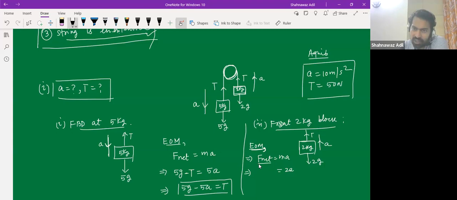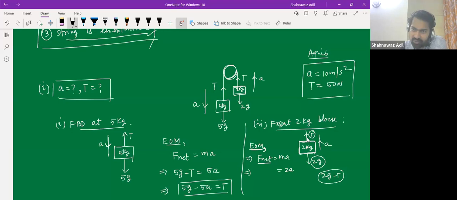What is the total F contributing in this block? What are the forces? You have only two forces, T and 2G, right? Gravity. 2G minus T. So Elam is saying 2G minus T.